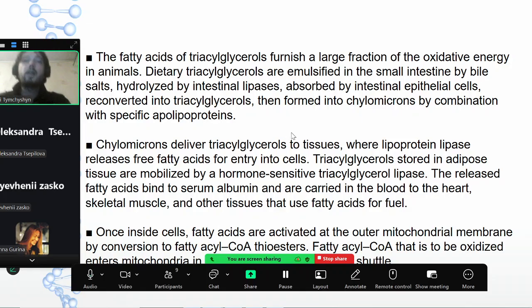The fatty acids of triacylglycerols furnish a large fraction of the oxidative energy in animals.